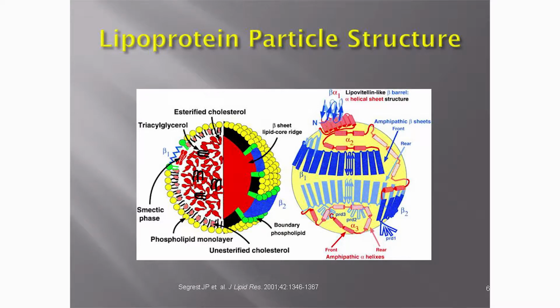The particle structure is important to understand because it enables these particles to live in an aqueous environment. Basically, it is a spherical unit. The outer surface of these particles has largely phospholipids, while inside the particles we carry the cholesterol and triglyceride.